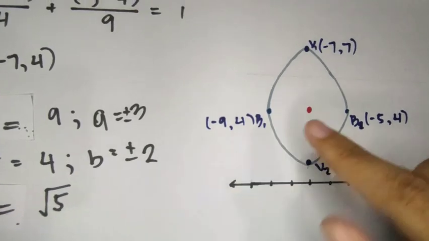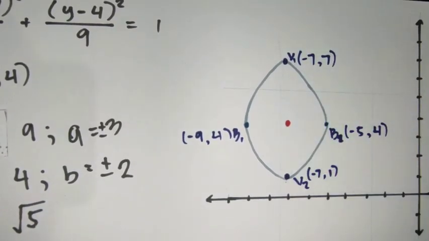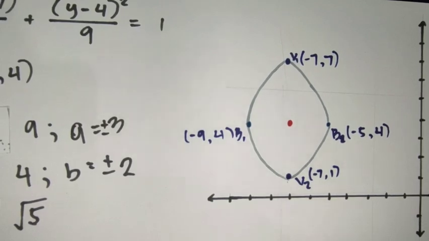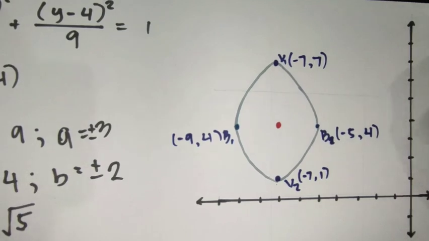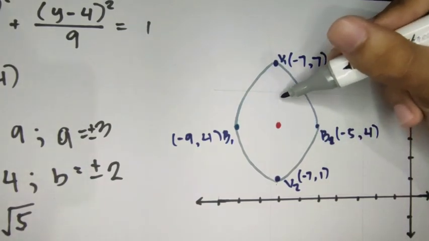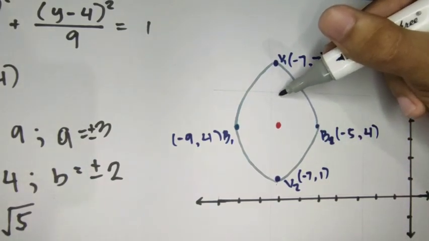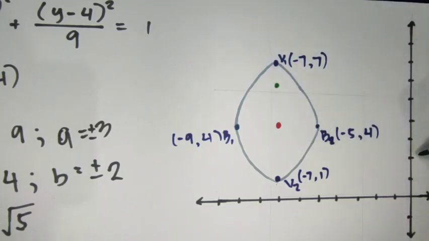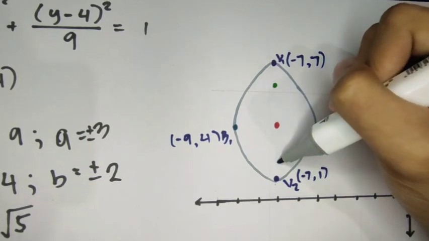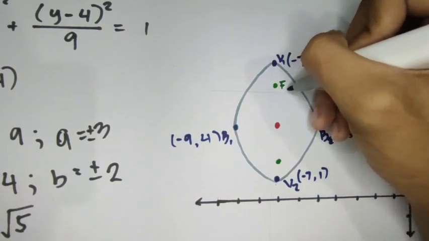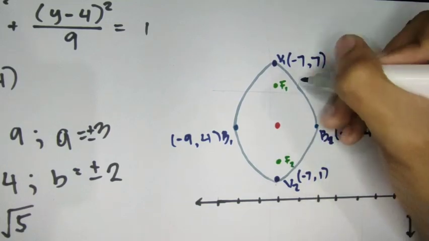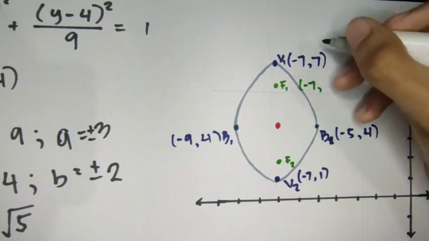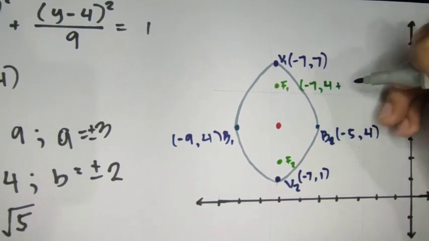For our foci, we will move c units upward and downward. So, the value of square root of 5 is somewhere in here. That will be where our F1 lies. For our F2, it will be here. Here would be negative 7, comma, 4 plus square root of 5.